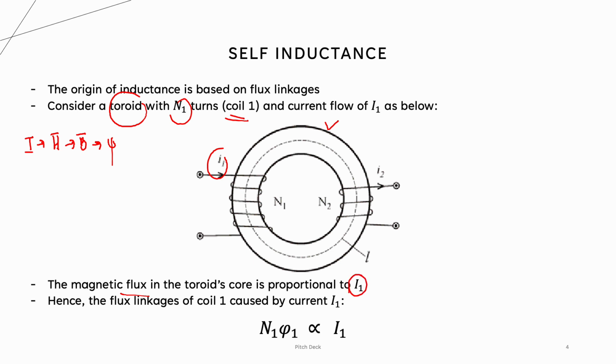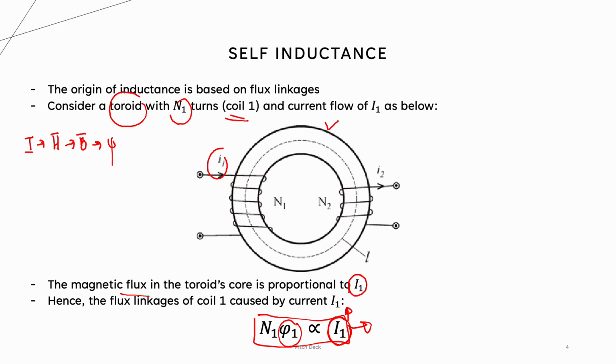If we write it in terms of proportionality, the current I1 is proportional to the number of turns multiplied with the flux, meaning that the higher the value of I1, the more flux will be produced.